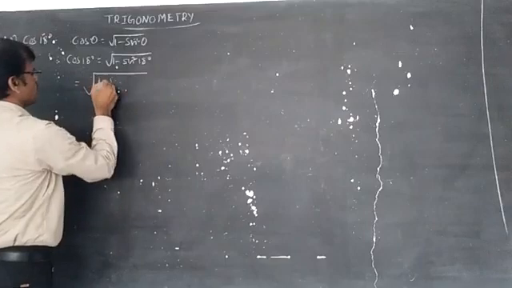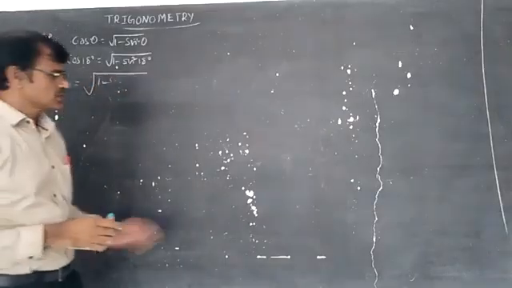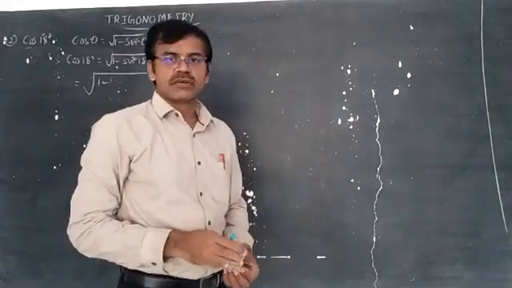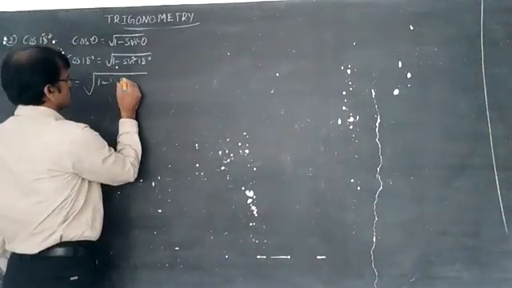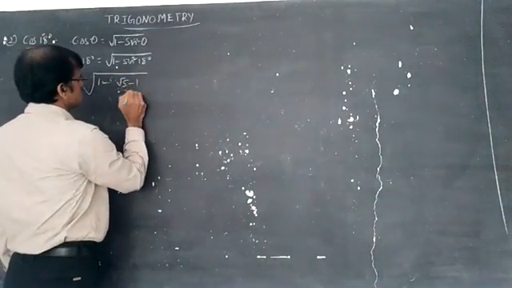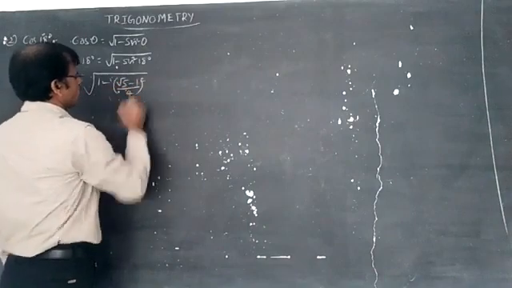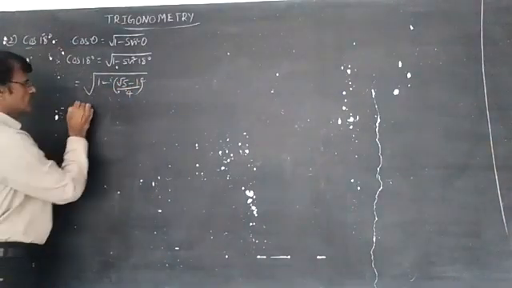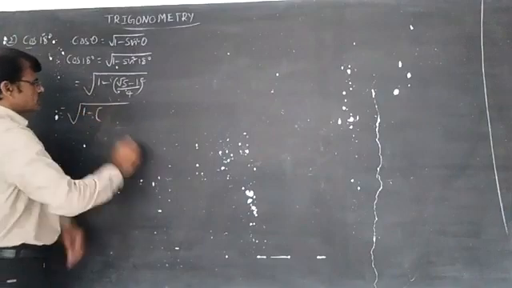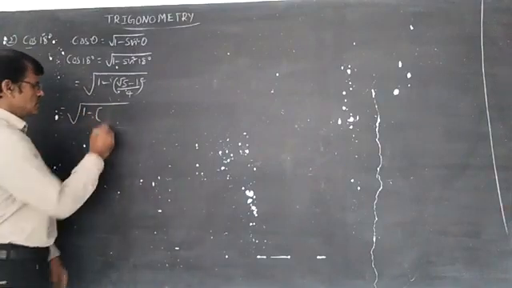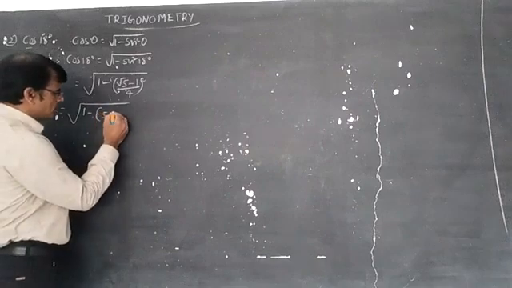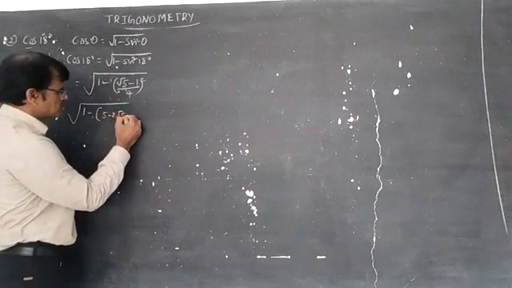That is equal to square root of 1 minus, now we proved sin 18 value root 5 minus 1 by 4, overall whole square. That is equal to root of 1 minus. The value of a minus b whole square is a square minus 2ab plus b square.